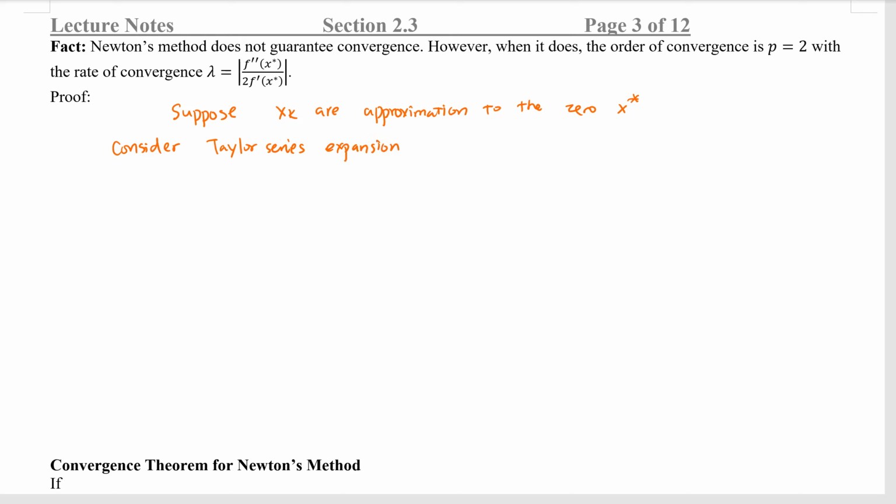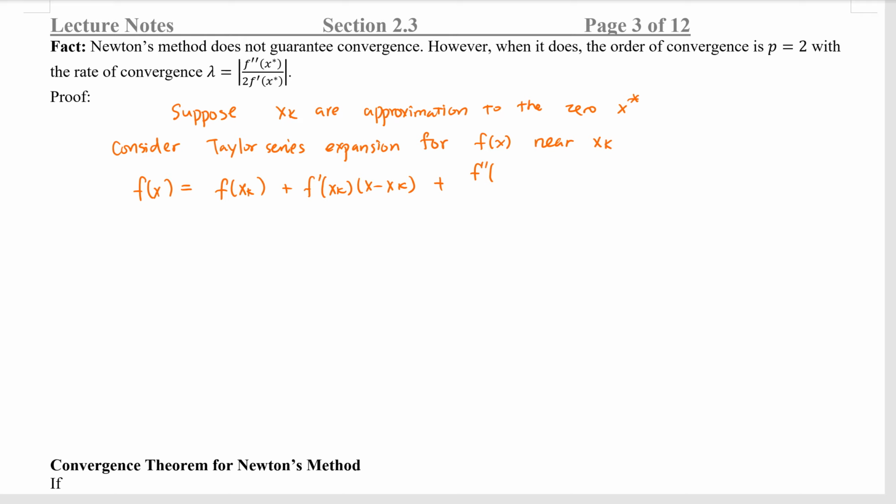That's why I need to review Taylor series with you before we start our course, right? We need it. So what is that? Well, if you can remember, f of x equals the Taylor polynomial evaluated at xk: f prime at xk, x minus xk, plus the second derivative. It really depends on how many terms you want.